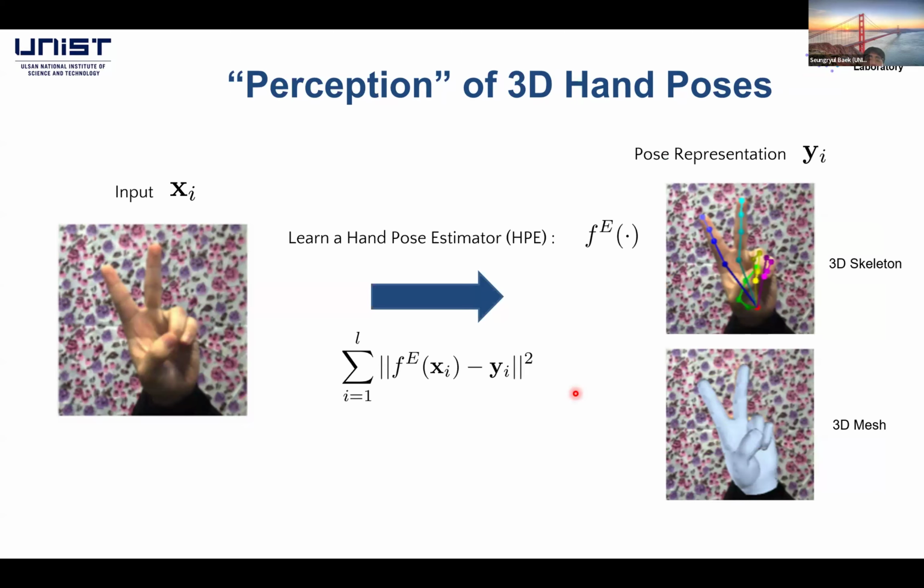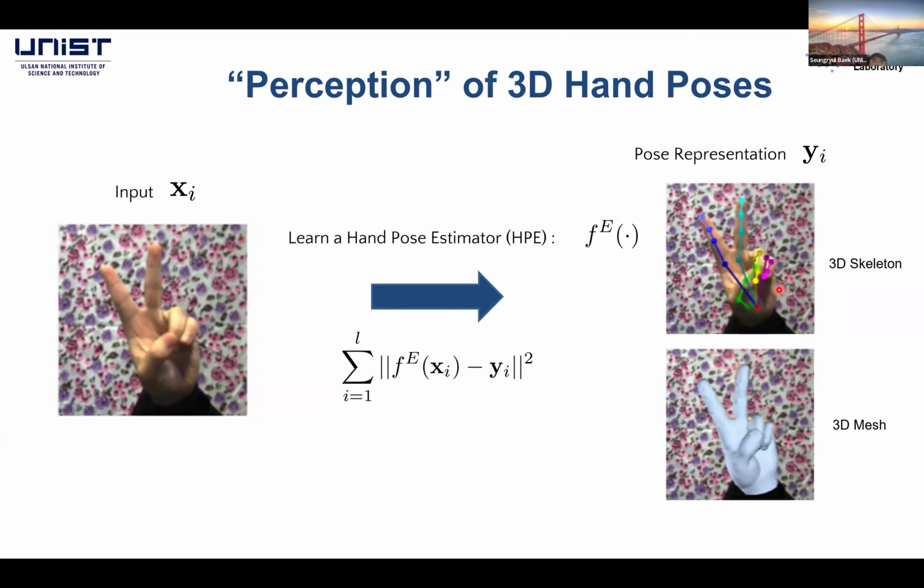So 3D hand pose or 3D pose estimation, we can roughly say, is a regression task. From the RGB image, which is the input of our system, the 3D representation could be either a 3D skeleton or a 3D mesh. Previously, before MANO or SMPL, we normally did 3D pose estimation using this type of skeleton representation.